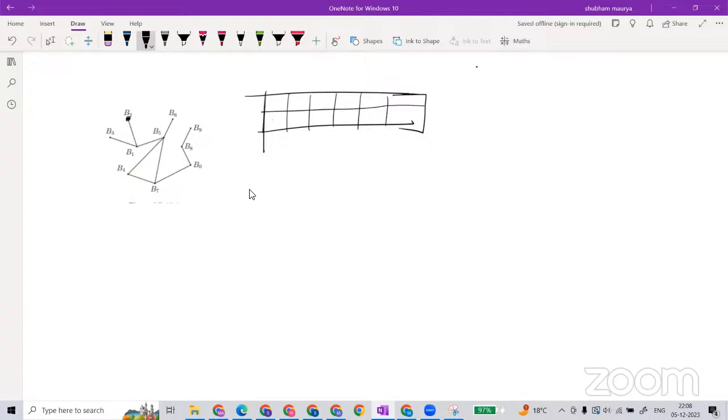I started from B2, and I can visit only B1. So I just list out B1 here, and no other vertex. It will be like this: I started from B2, and I can visit B1.